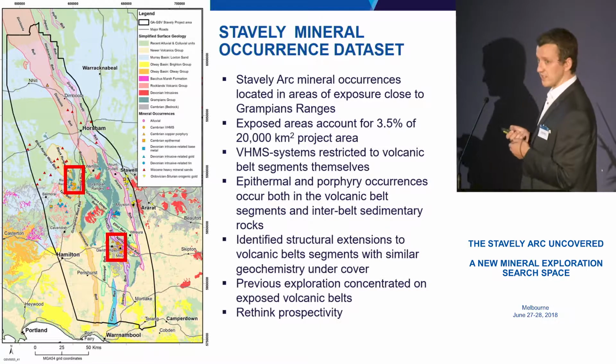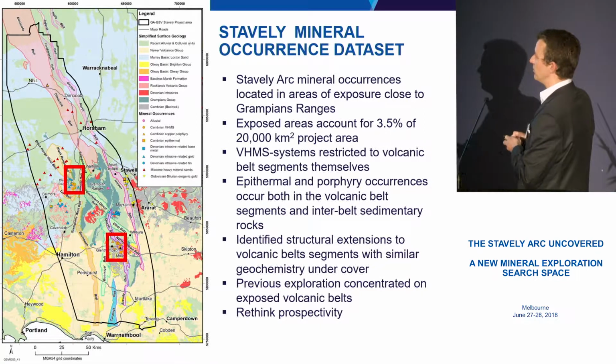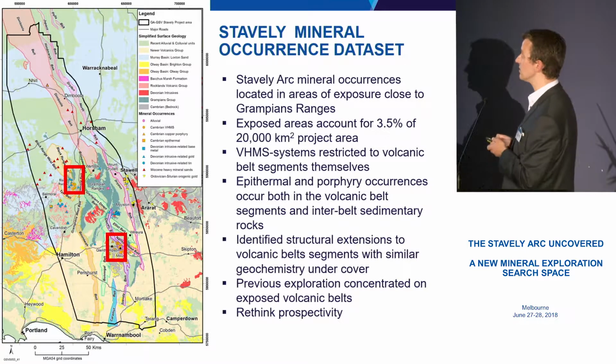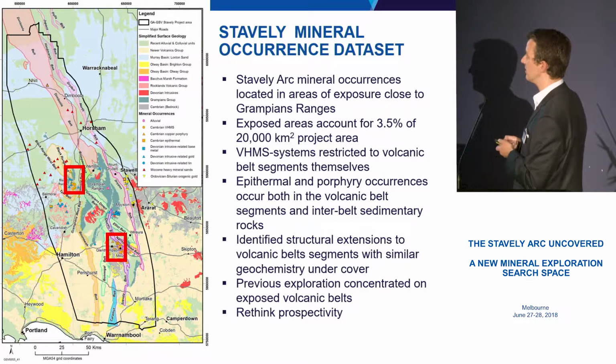There are a few major points that come out of this exercise that essentially have been touched on previously, that all the mineral occurrences in Cambrian rocks are associated with the Black Range and the Stavely belt here. And that is significant because it only comprises a really small amount of the total project area.